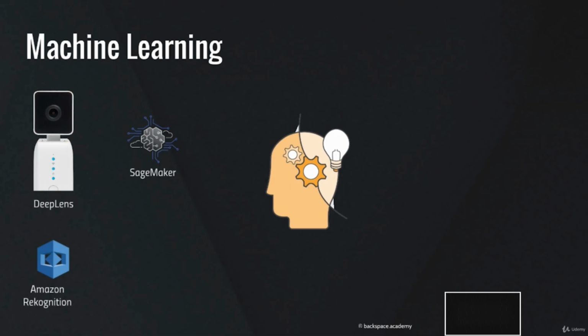Amazon Rekognition provides deep learning based analysis of video and images. Amazon Lex allows you to build conversational chatbots. These can be used in many applications such as first-line support for customers. Amazon Polly provides natural-sounding text-to-speech.